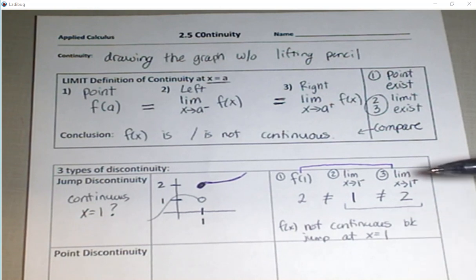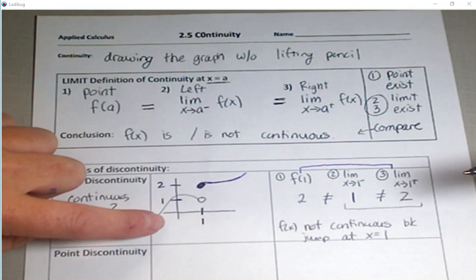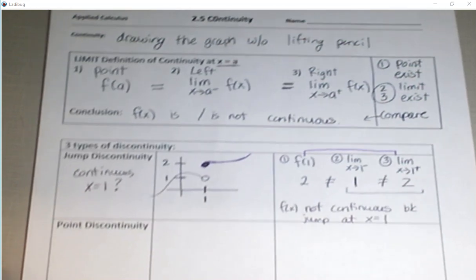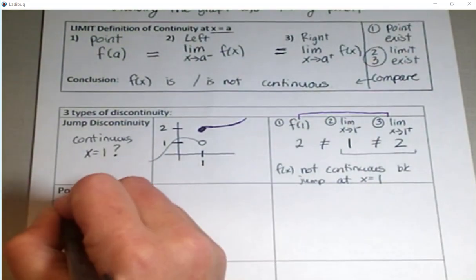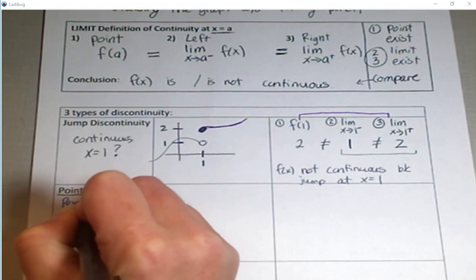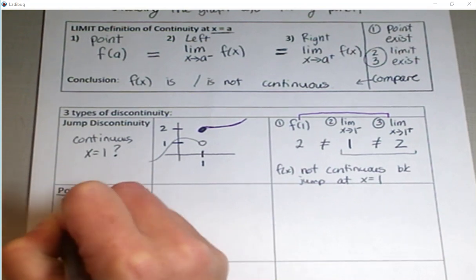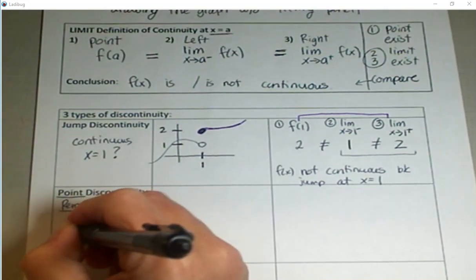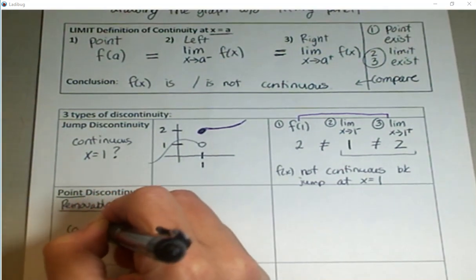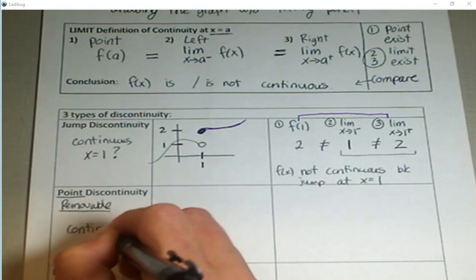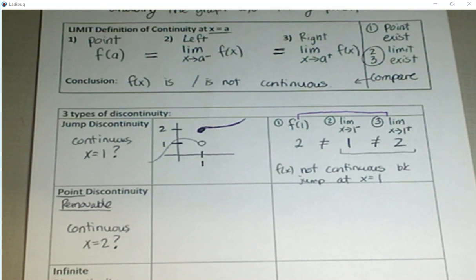As we move forward, instead of having a graphical prompt, you're going to have an equation that you look at. Okay, so the next one we're going to do is a point discontinuity. And another word for point is removable. And we're going to answer continuous at x equals 2, question mark.